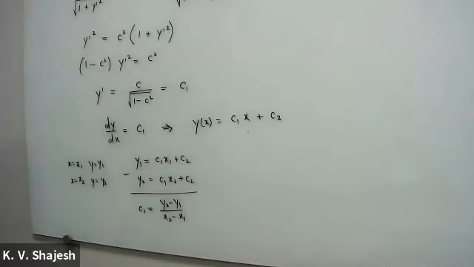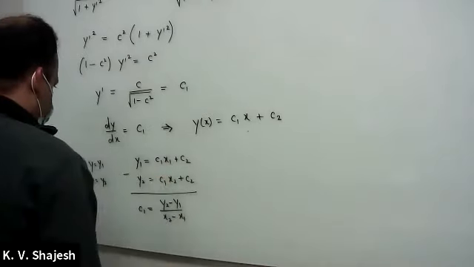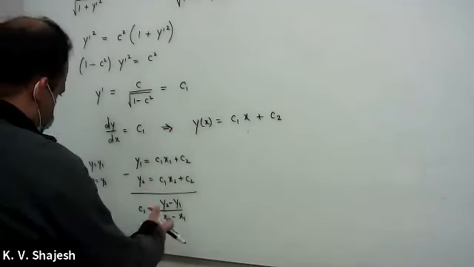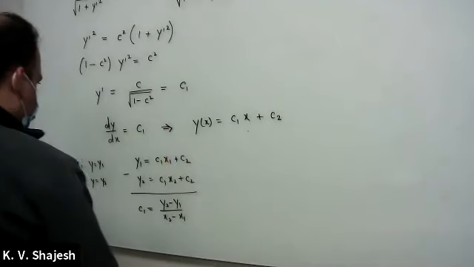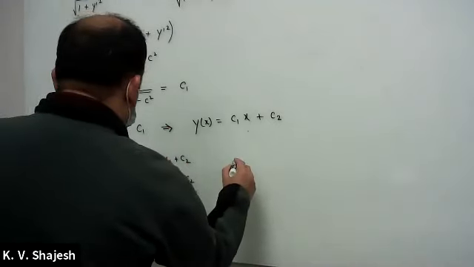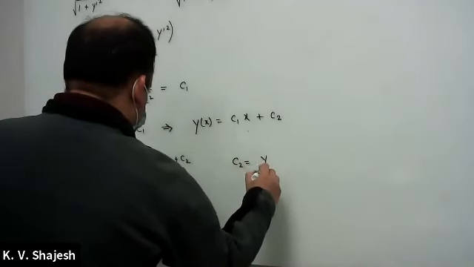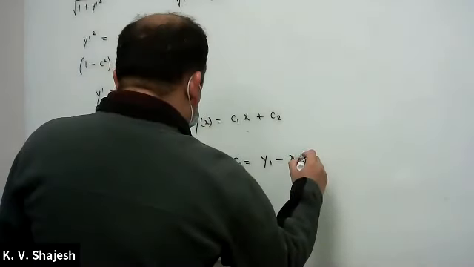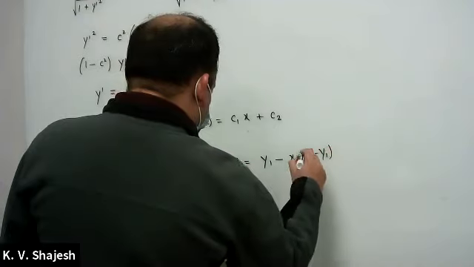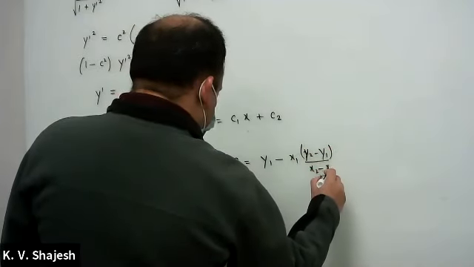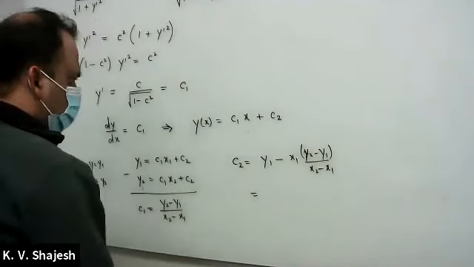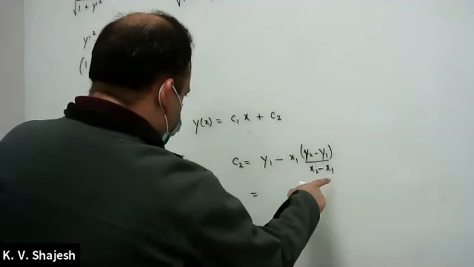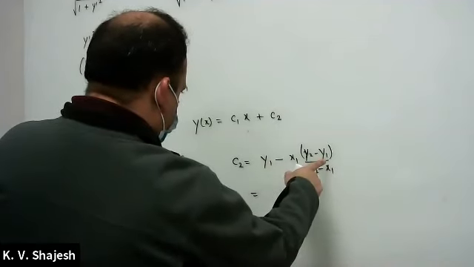And what is c2? Once I know this, I want to cancel that out, right? I substitute c1 and get c2, I suppose, right? So c2 would be equal to, let's say, y1 minus x1 times c1. c1 is y2 minus y1 divided by x2 minus x1, which is equal to y1 x2 minus y1 x1 plus y1 x1.